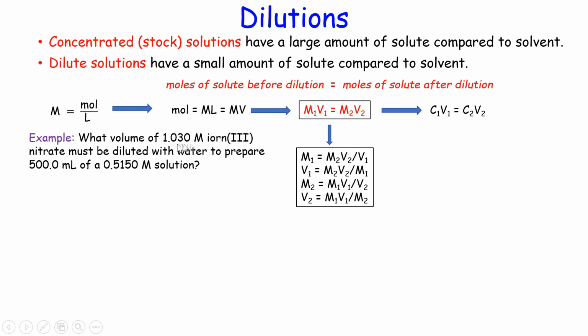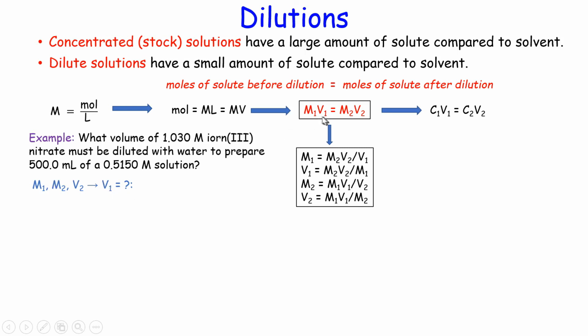And now we know 3 quantities. We know the 2 molarities before and after the dilution. Then we know the volume after the dilution, which means we know V2. So we know M1, M2, and V2. We just simply need to calculate V1.